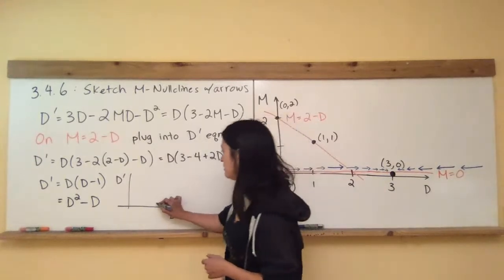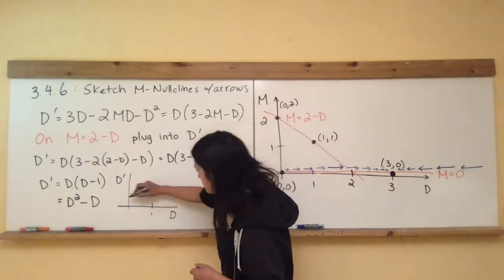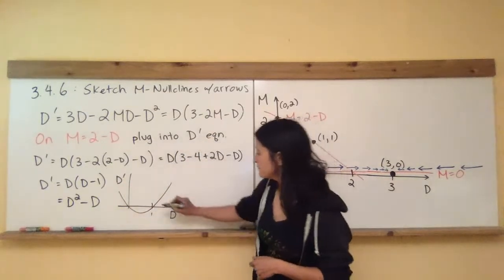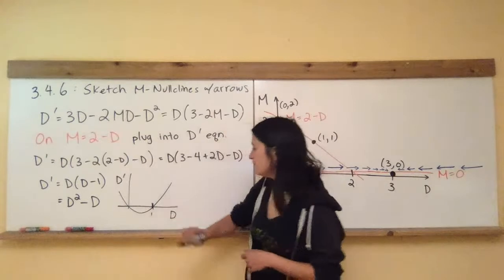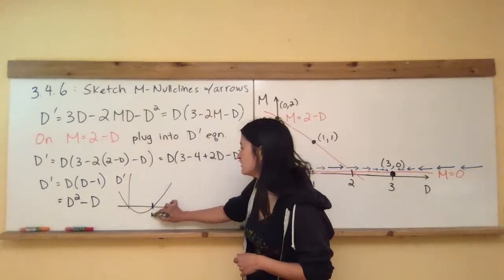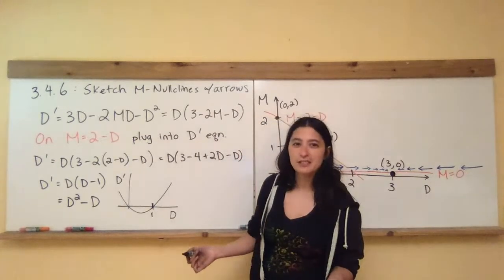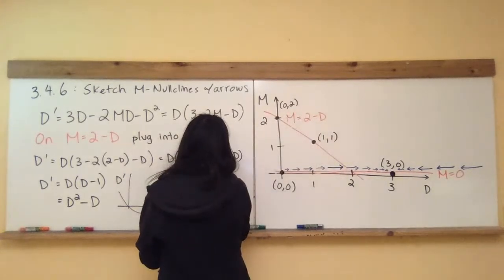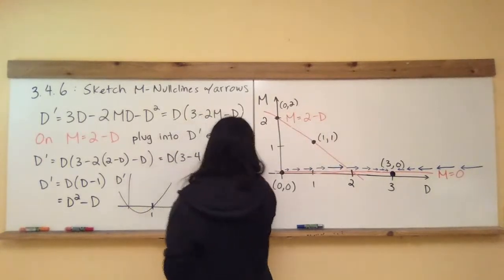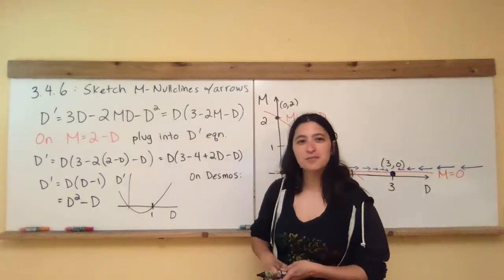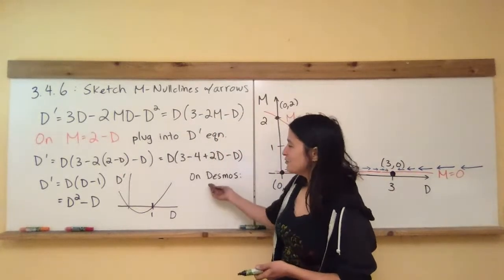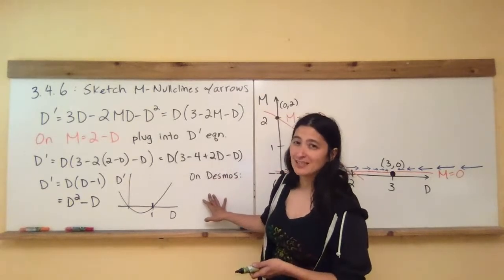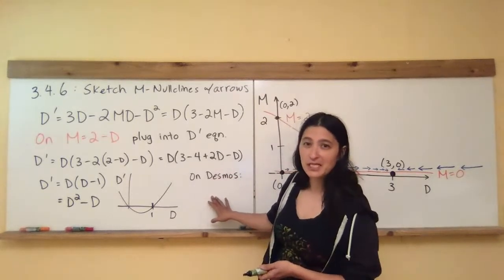Okay, so this is an up-facing parabola with roots at 0 and 1, so it looks like this. And that's the same thing that you would get if you graphed this equation on Desmos. Let me just write this on the side if you want to play along on Desmos. The thing about Desmos, go to desmos.com for free beautiful graphing, is that you should type the independent variable in as little x because that's what it expects.